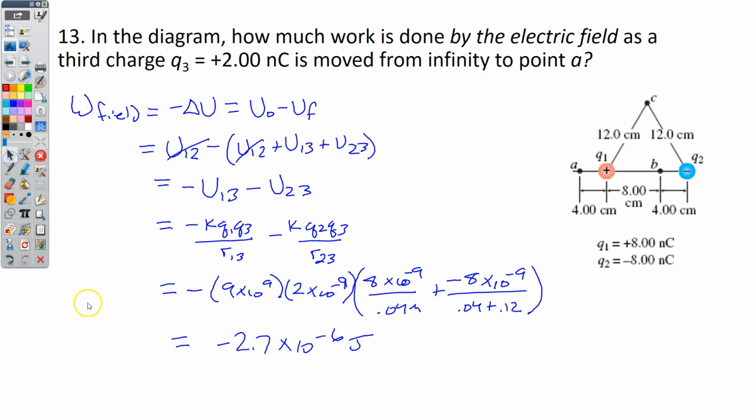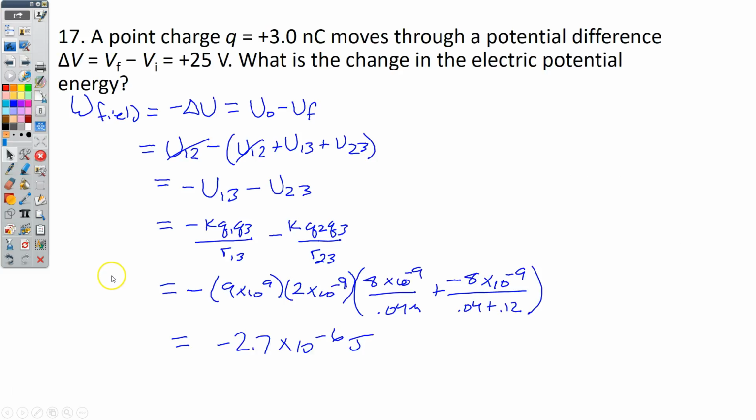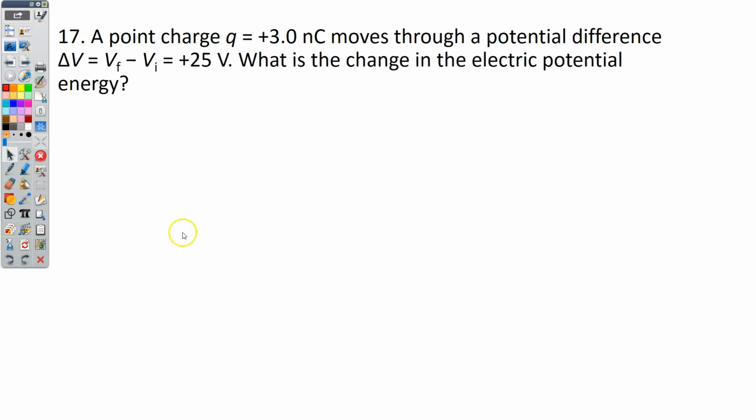For the next problem, it is number 17. It says a point charge of 3 nanocoulombs moves through a potential difference of 25 volts. They want to know what is the change in electric potential energy. So here the change in electric potential energy is just equal to the charge times the change in potential.